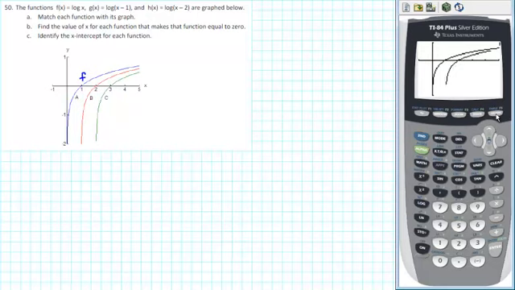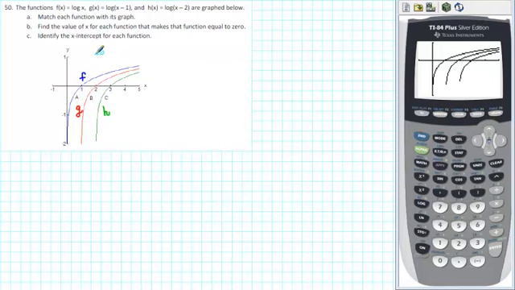Press graph, and we notice that the graph of g corresponds with graph B. For h of x equals the logarithm of x minus 2, we go back to y equals, and we enter the logarithm of x minus 2 for y3. When we graph this function, we see that its graph matches graph C.